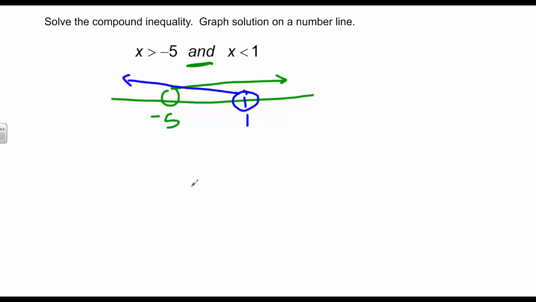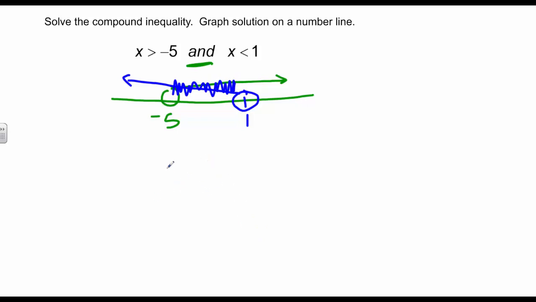Now, in our previous slide, we said that if AND is my operator, then both solutions must be true. In other words, they must overlap. And you can see in this example with the diagram that I get an overlap between the two numbers. So I can say one of two things.